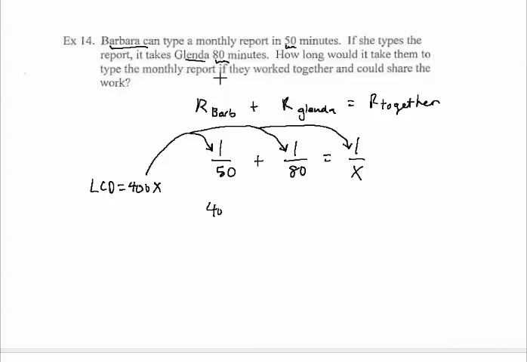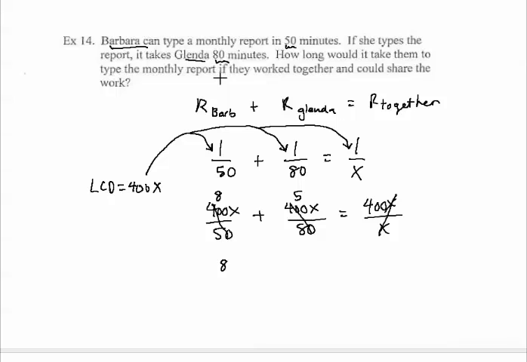So 400x over 50, 400x over 80, and then 400x over x. At this point we go back and simplify our fractions. 80 goes into 400 5 times, and 50 goes into 400 8 times.